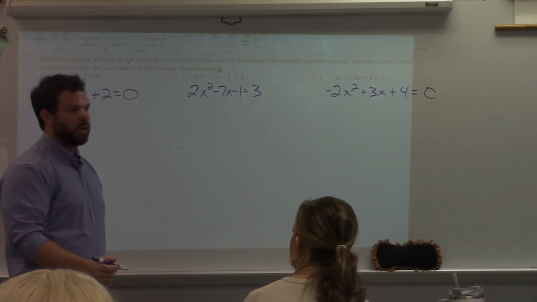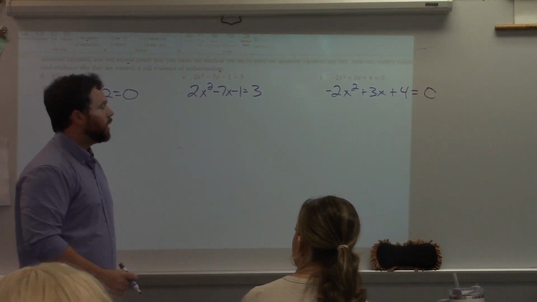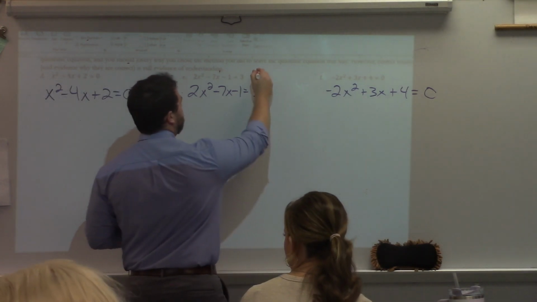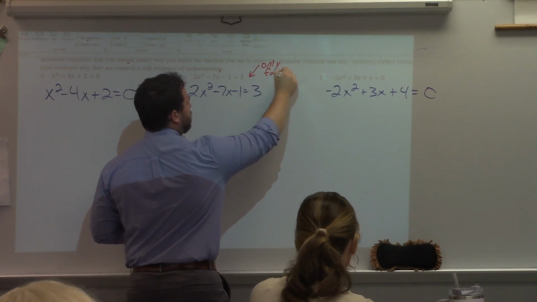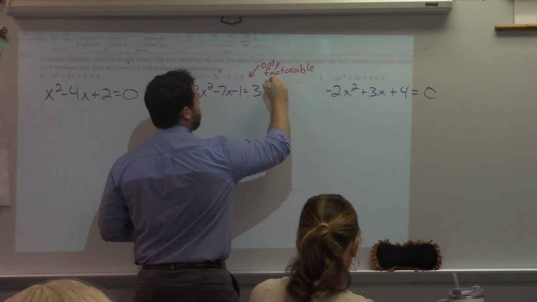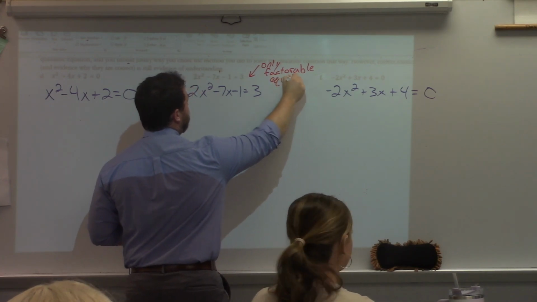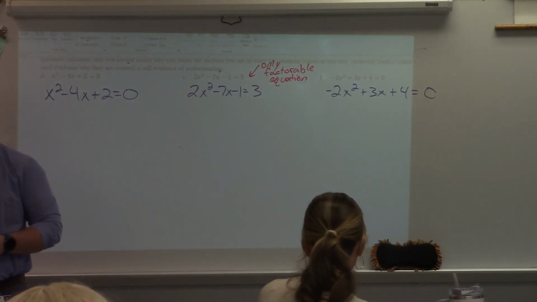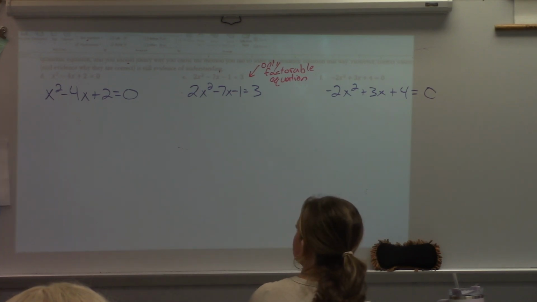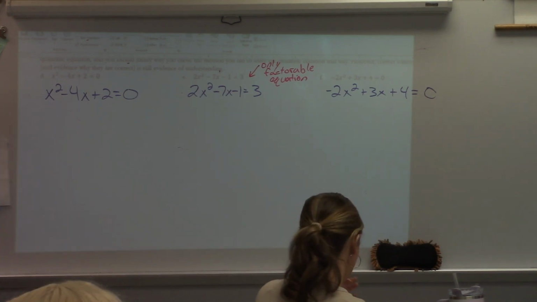Both. F is not factorable either. If you're going to factor, this is the only factorable equation. Now there's something we have to do before we can do that, but I would be aware and make that note. That's the only factorable equation in there. The only one. We're going to talk about y in a second.